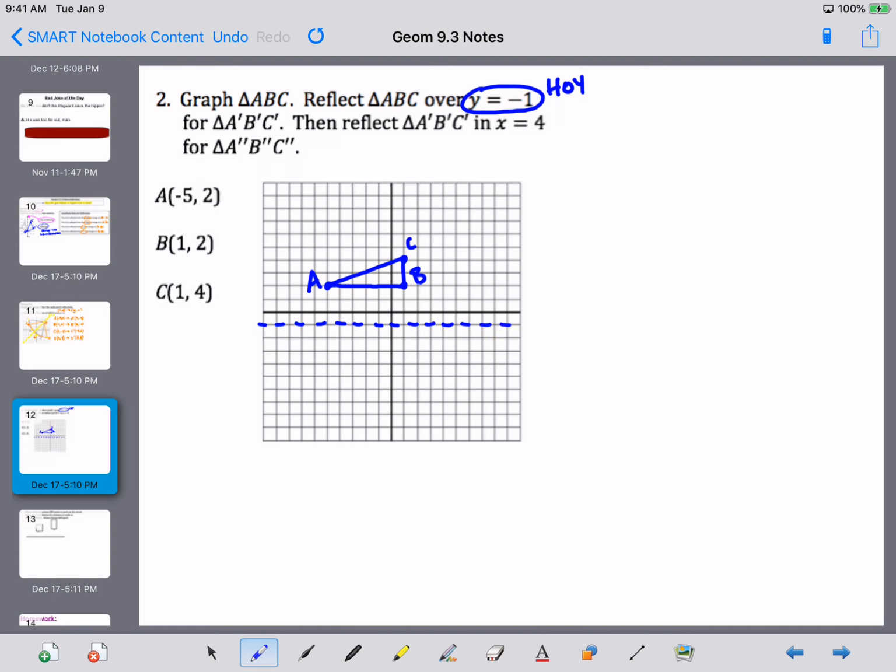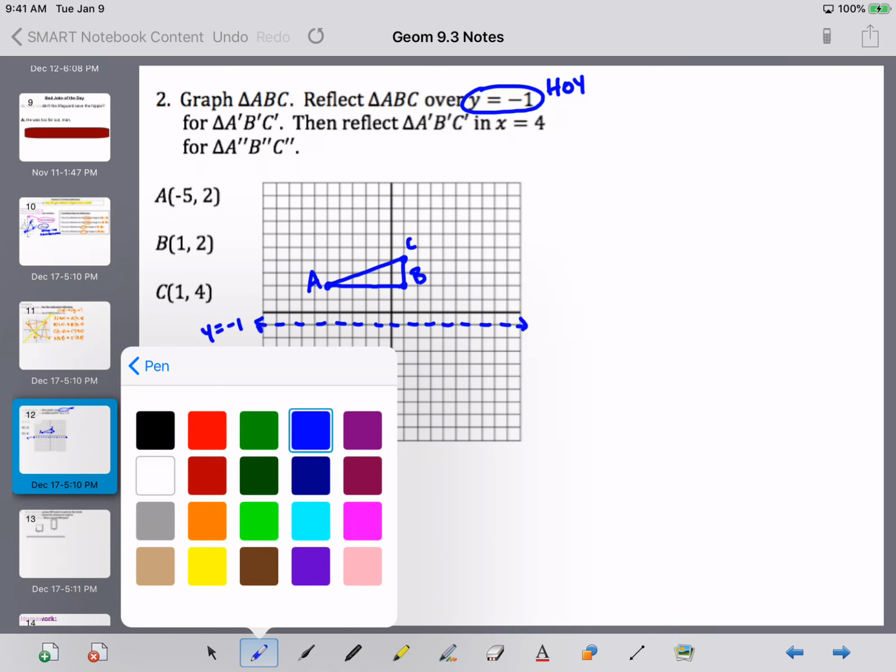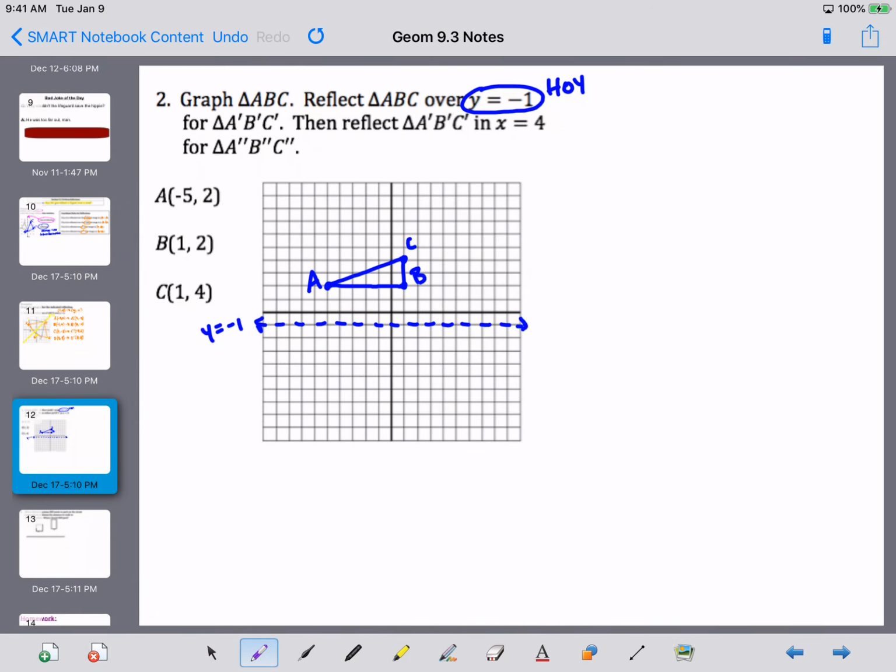All right, so this is the line y equals negative 1 right here. If we flip triangle ABC over that line, we just have to figure out how far above each point is and flip it below.